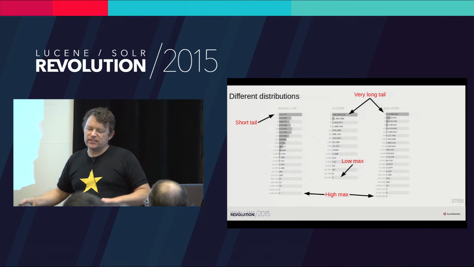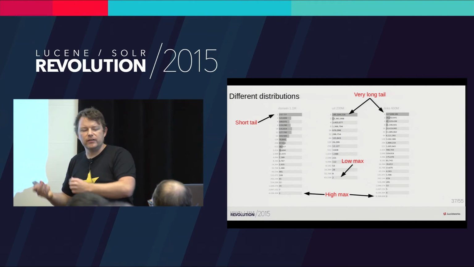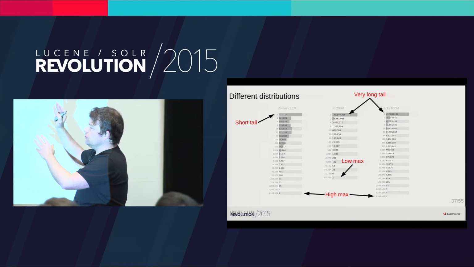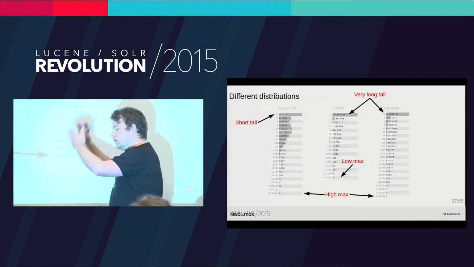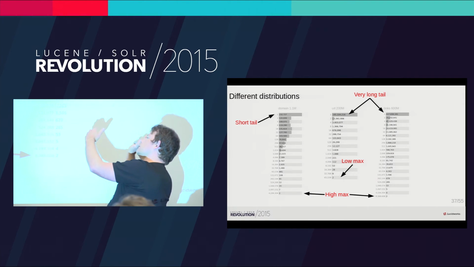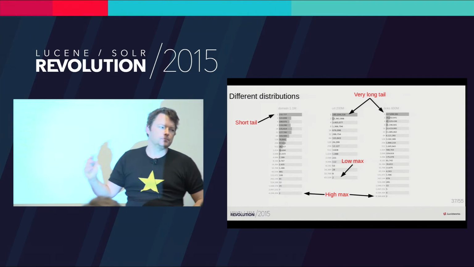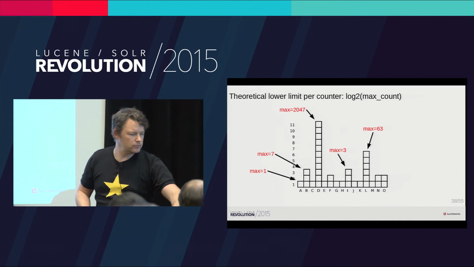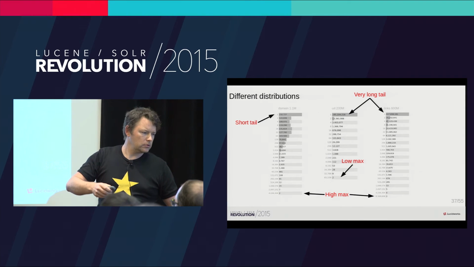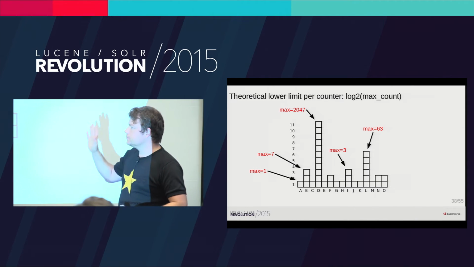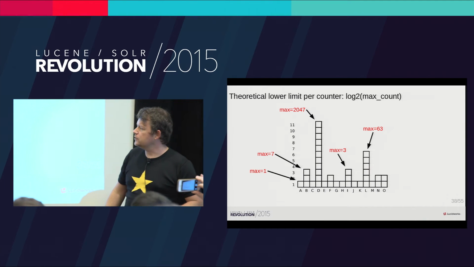Unfortunately, they're not as evenly laid out when you look at the real terms. Now, if you envision this as a long list of all the terms and the maximum counts they have, and then turn it 90 degrees, adjust your worldview 90 degrees.